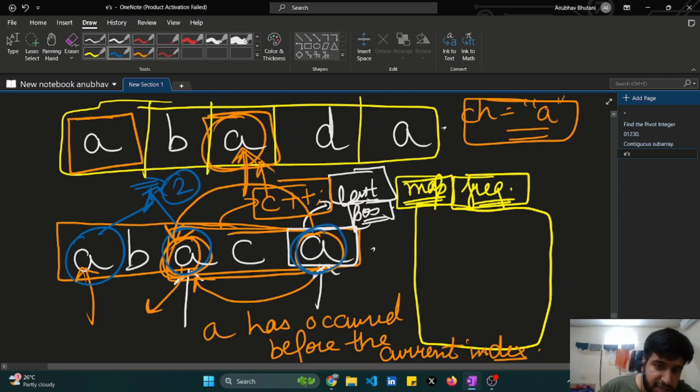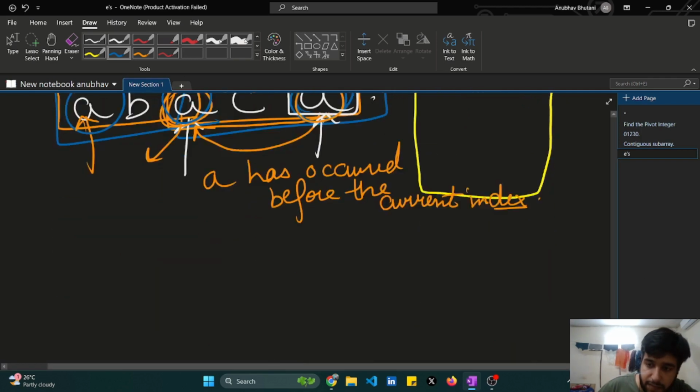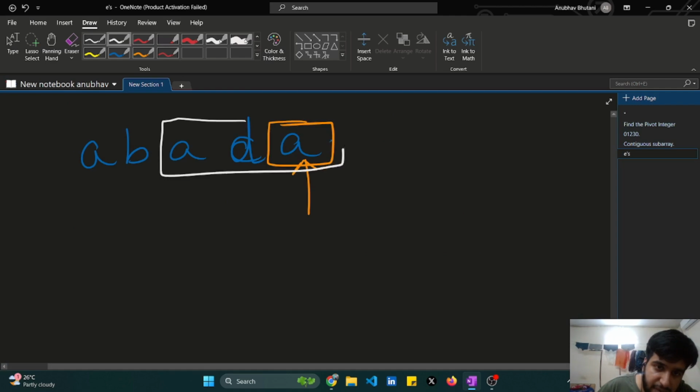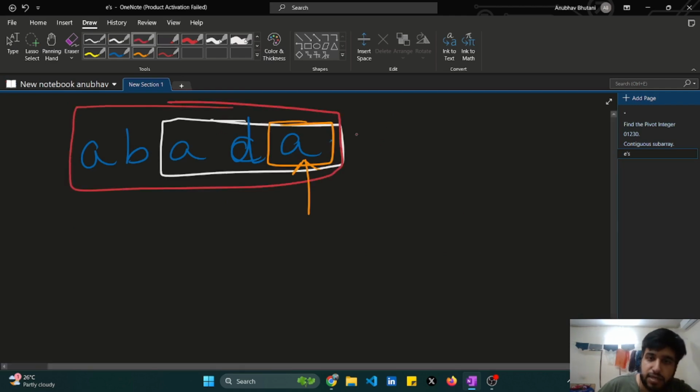For this there exist two answers, basically first this string and then this string. Basically for this index in a b a d a, for this character I have two options: either this can be my substring or this can be my substring. As A is occurring two times, any of them can act as the starting character.